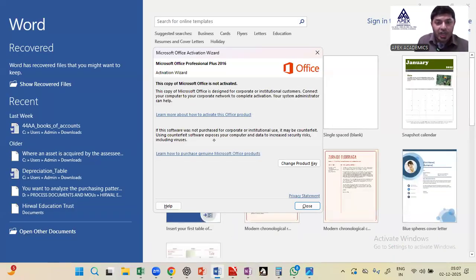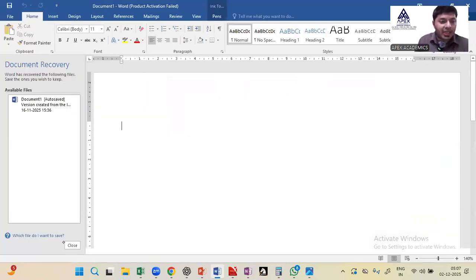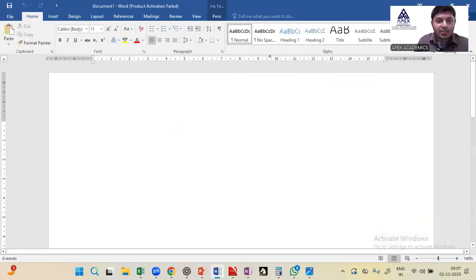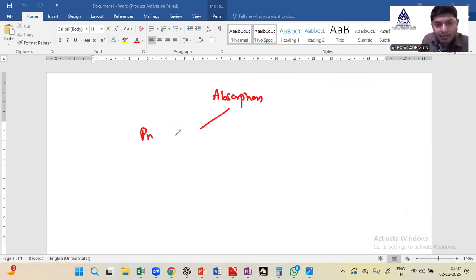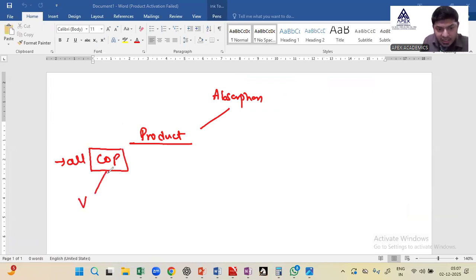So a quick revision of the concept, if I was to put across to you in the form of a chart, this chart would look something like this. Please pay keen attention to this chart. I am saying in this chart, as far as absorption costing is concerned, when I look at my product cost, I take into consideration all my cost of production, and under absorption costing, cost of production can be both variable as well as fixed, but they have to be manufacturing costs.